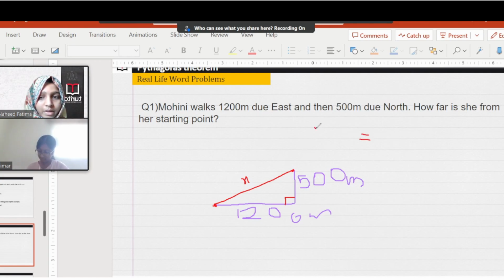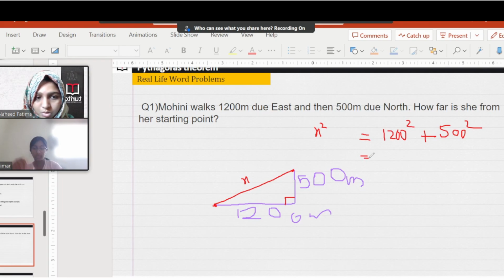So again, x square equals... what is 1200 square? See, there are two zeros, so there will be four zeros in the square. So it's 1,440,000.